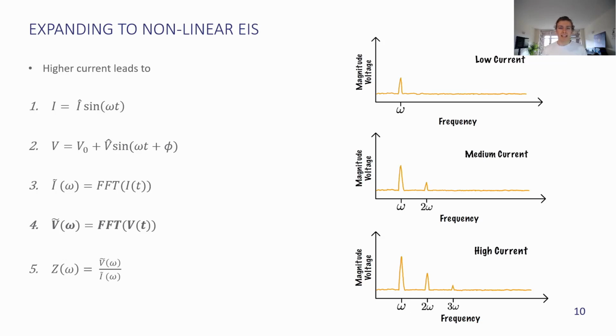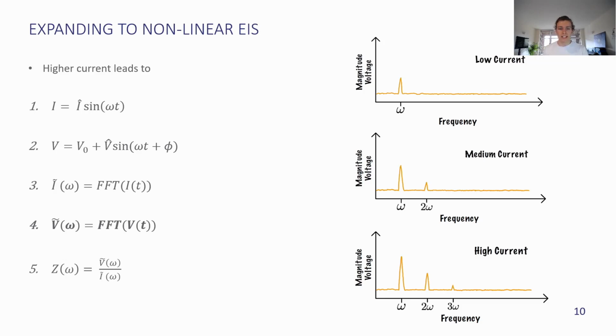The problem with that is it's really quite small and it's often very far away from the operating point of these batteries. And so as you increase the current, what you see in the frequency response is peaks at the second and third harmonics of the system. And so 2 and 3 times the fundamental frequency.